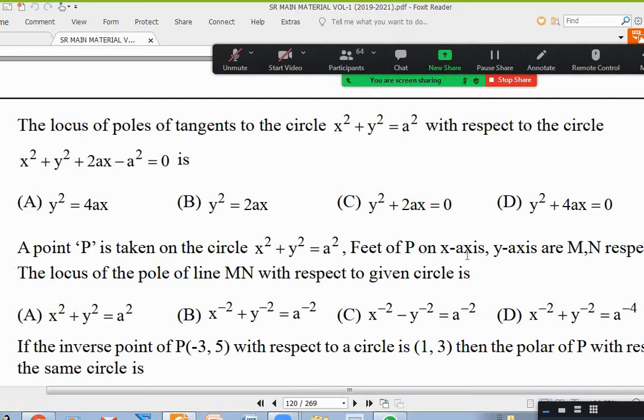Any doubt about 84? If somebody has doubt, I'm ready to discuss each and every question, not an issue, but you should have at least read the question and tried.